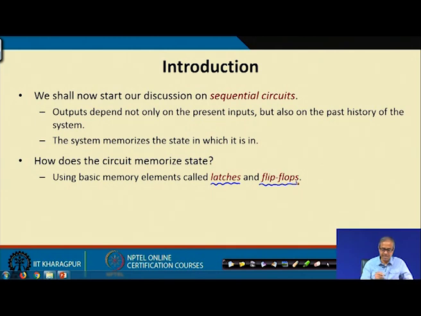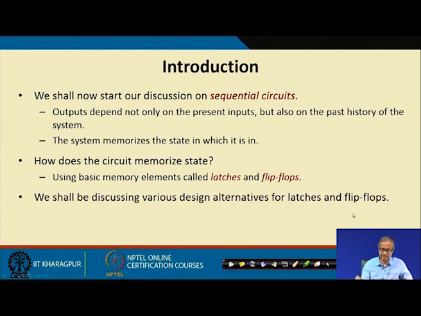These latches and flip flops will be our basic memory elements using which we can store the state of the system. There are various types, and we shall be discussing the various types and how they are designed in the subsequent discussions.